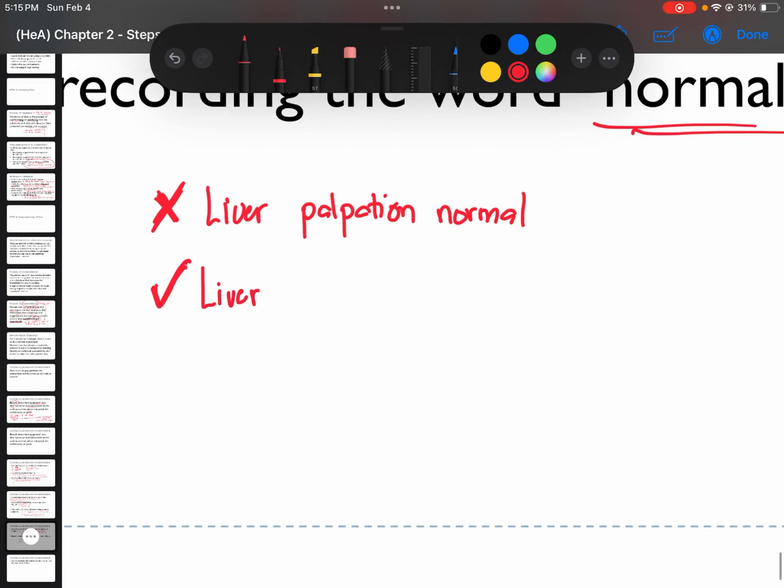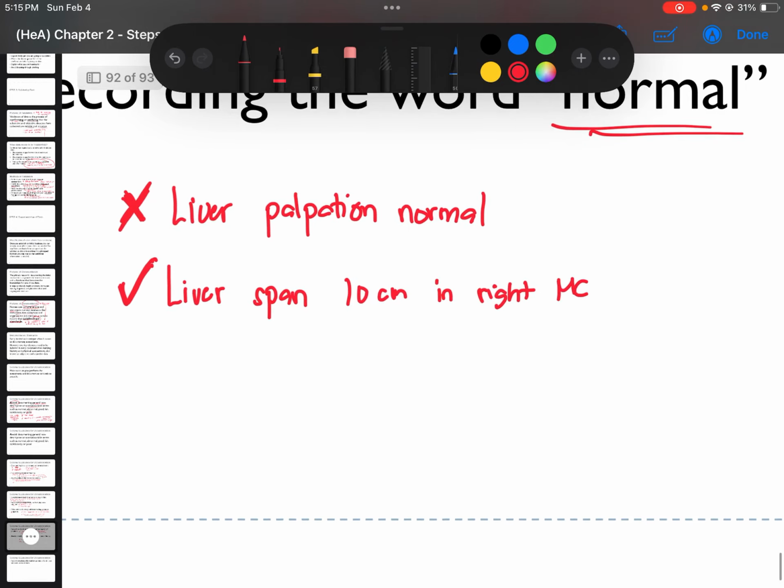Instead, you should document something like liver span 10 centimeters in right MCL and 4 centimeters in MSL. Okay? They have to be very specific, di ba? No tenderness on palpation. Yan na.